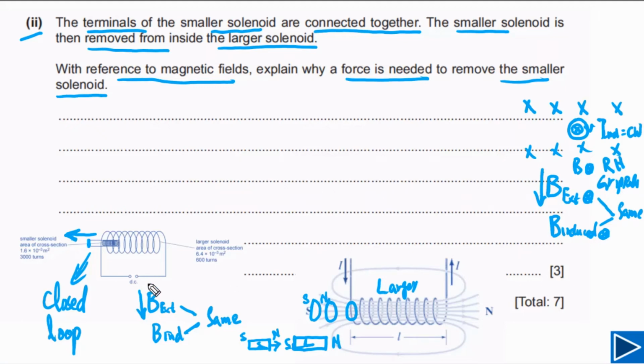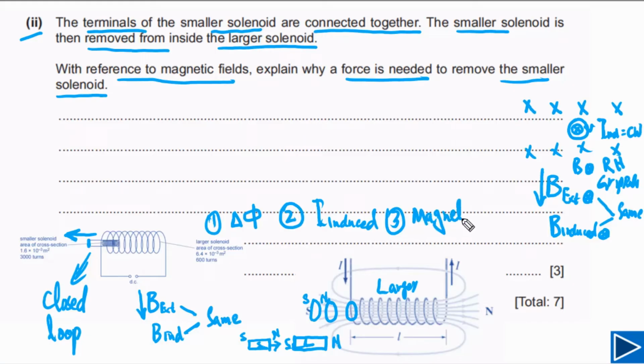So in this case, first of all, we can say magnetic flux changes inside the smaller solenoid. When magnetic flux changes inside the smaller solenoid, it produces its own I induced. And that I induced will produce its own magnetic field.